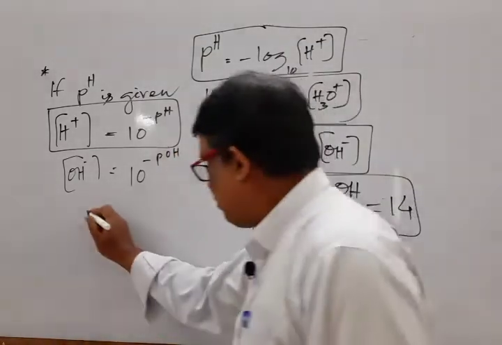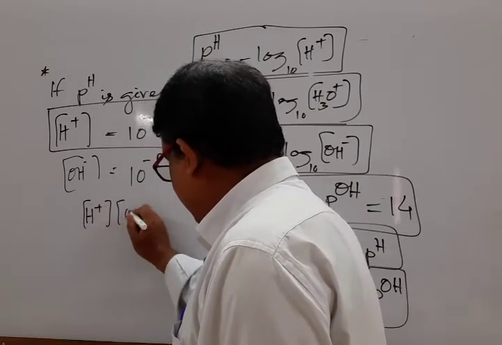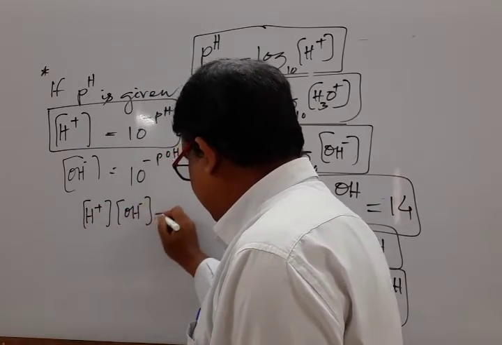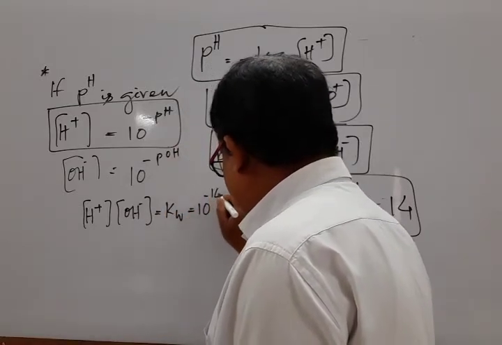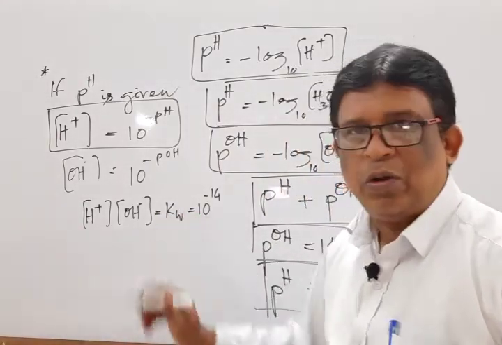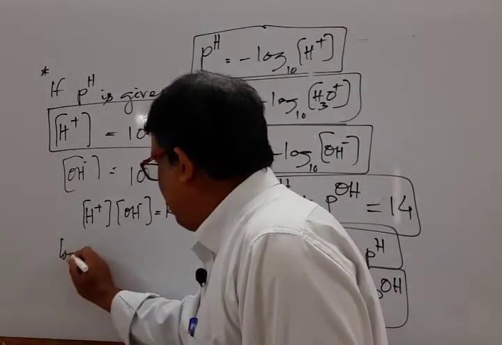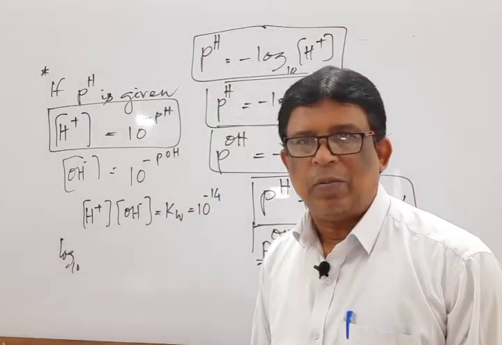Again, as we know, H plus ion concentration into OH minus ion concentration is equal to Kw is equal to 10 to the power minus 14. Okay. Then taking logarithm on both sides, we have log A into B is equal to log A plus log B. Mark that.